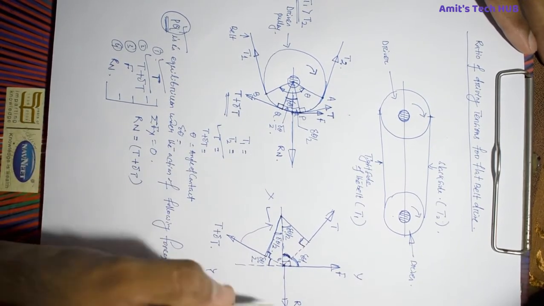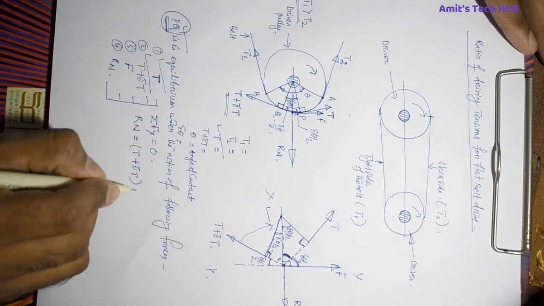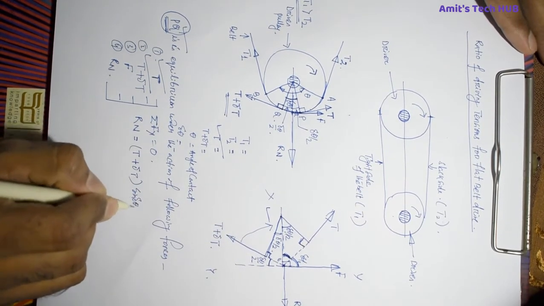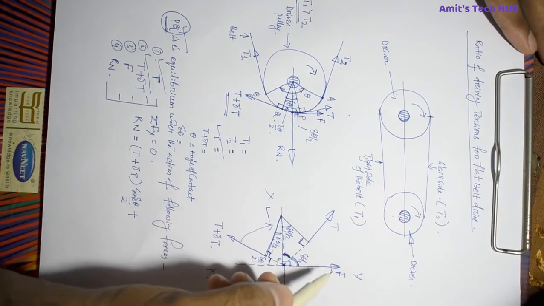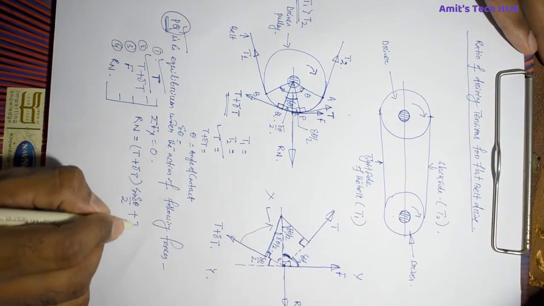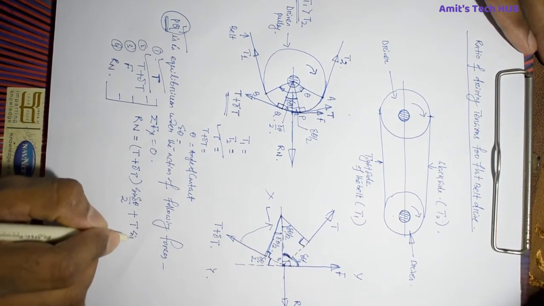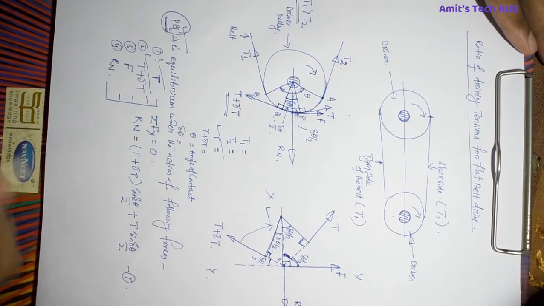So if you resolve it along the x direction, then we can write T plus del T sine del theta by 2 plus, and this can be resolved along this direction, T sine del theta by 2. Let it be equation number 1.